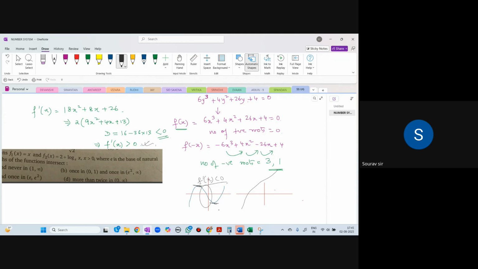If f dash x is not 0, it will have only one root. This is a very, very important concept. Note it down if you don't know this concept: for a cubic equation, if the first derivative is always positive, then that cubic equation will have only one root. Clear?